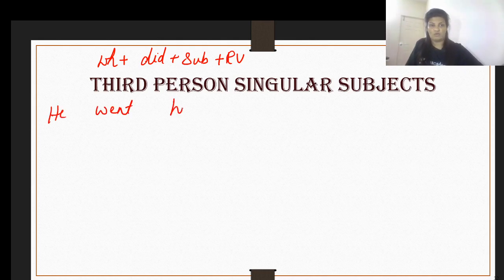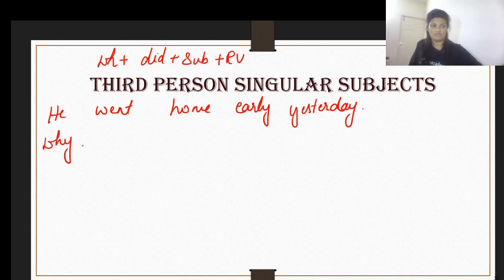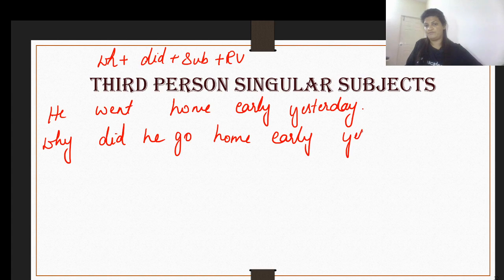He went home early yesterday. Full stop. So you will bring in the question word and did and the subject he and the root verb of went. Why did he go home early yesterday?